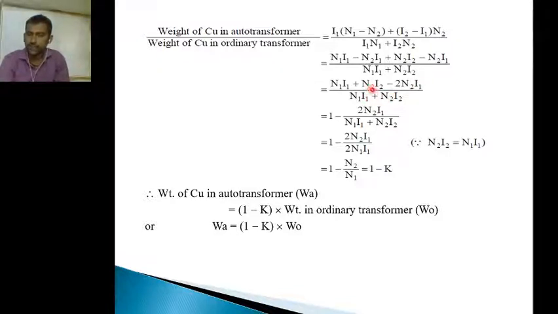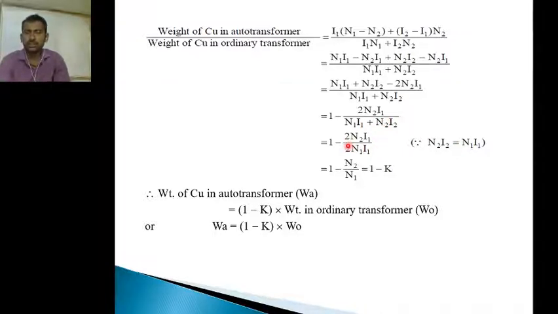If we divide by the denominator term by term, N1 I1 plus N2 I2 divided by N1 I1 plus N2 I2 is 1, minus 2 N2 I1 divided by N1 I1 plus N2 I2. So that is 1 minus 2 N2 I1 divided by 2 N1 I1. Why? Because N2 I2 equals N1 I1, so we replace N2 I2 with N1 I1.